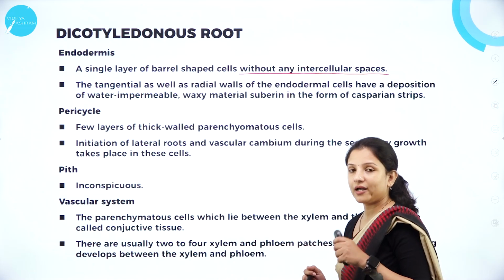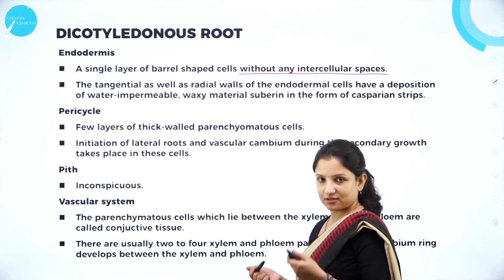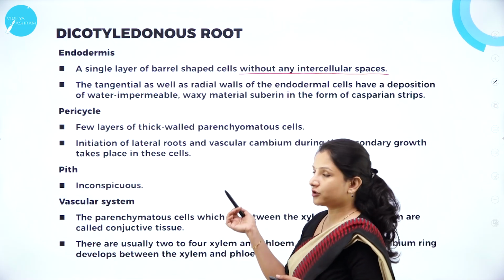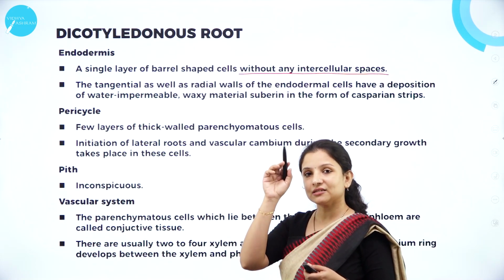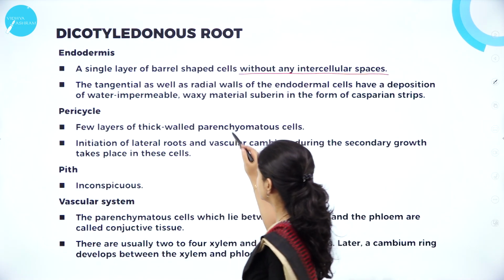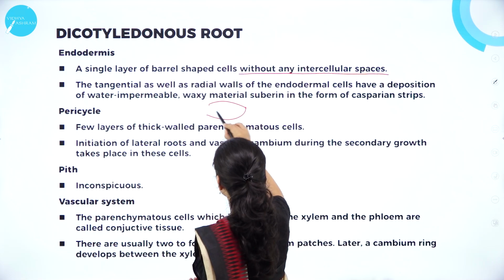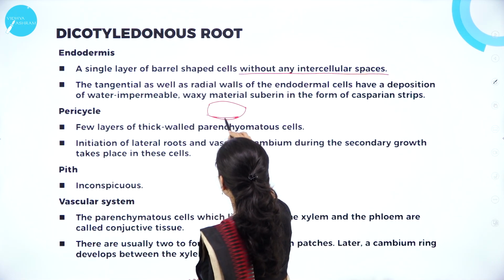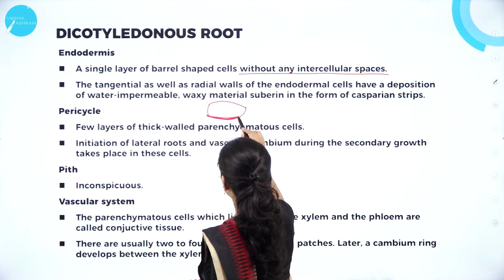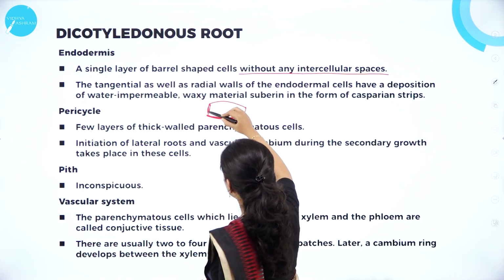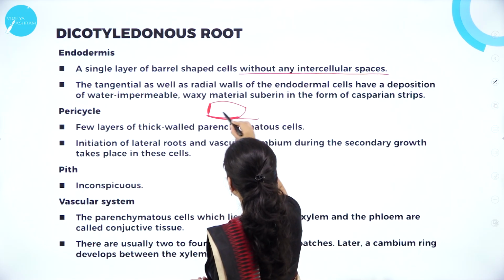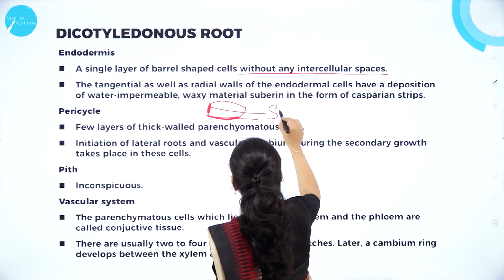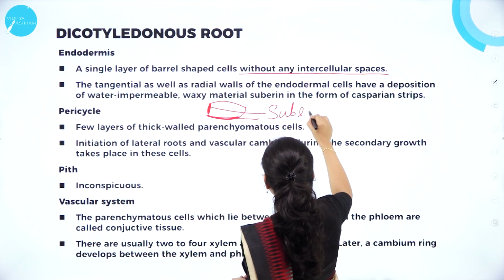But here, why there are no intercellular spaces is because in the case of endodermis, if we see the tangential and the radial wall, we can see they are being deposited with suberin.